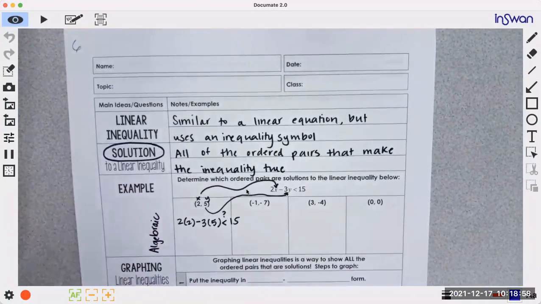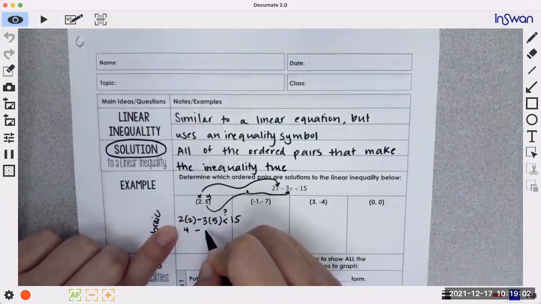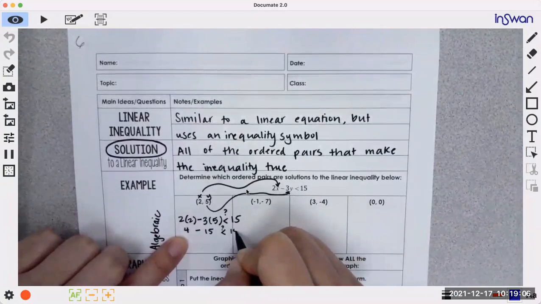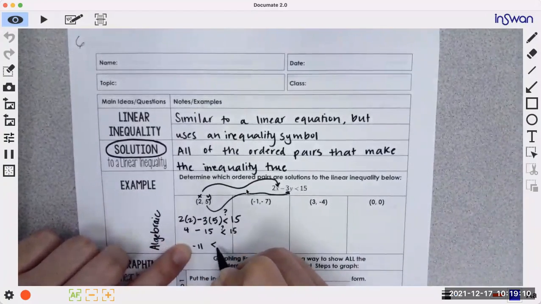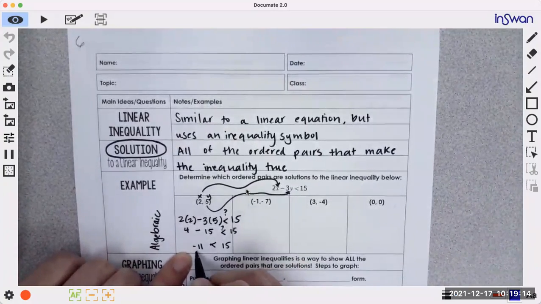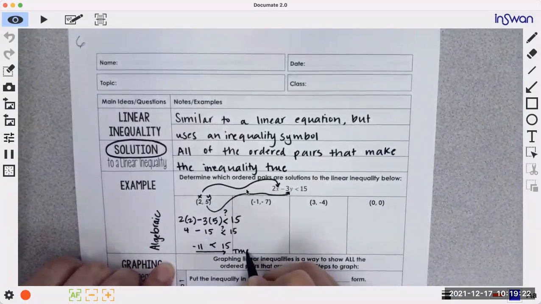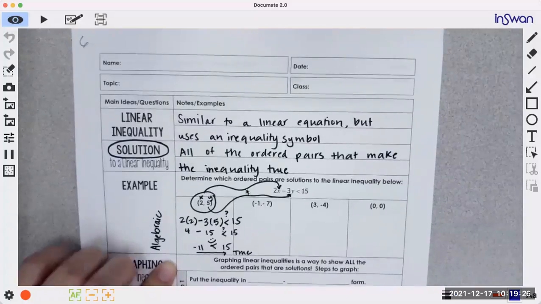So you're asking yourself, is that true or false? So 2 times 2 is 4, minus 15, keep the question mark on it. 4 minus 15 gives me negative 11. Is that less than 15? Because it's touching the small part when I read it from left to right. Negative 11 is less than positive 15. Yes, it's true. Then I know this is a solution.